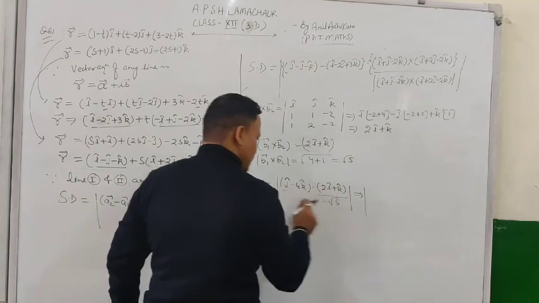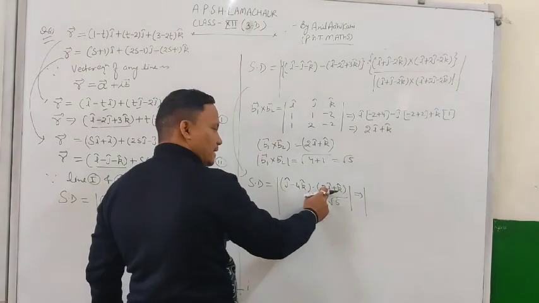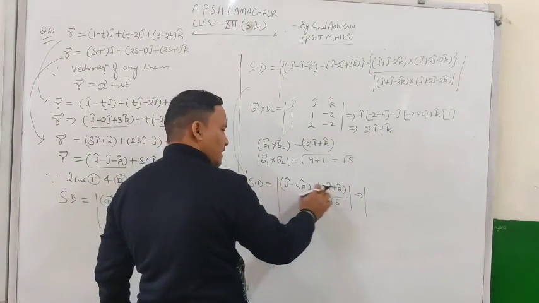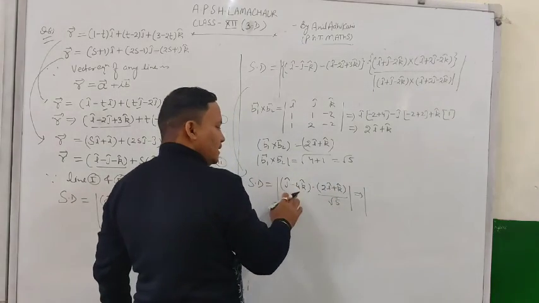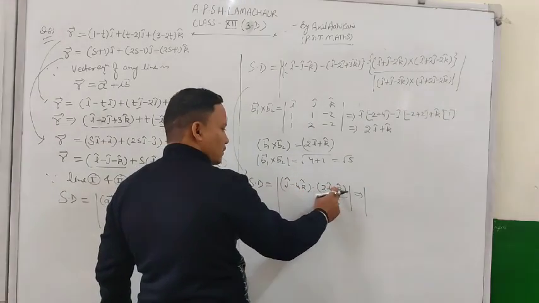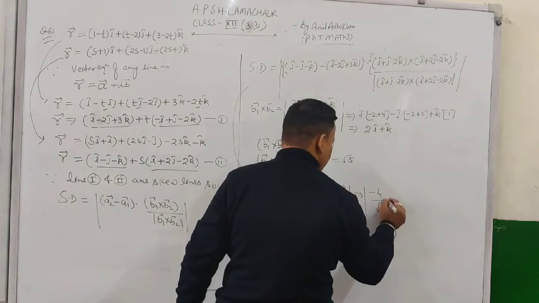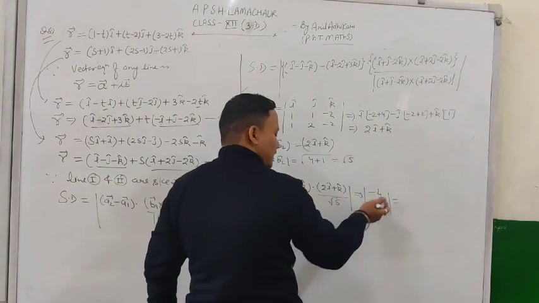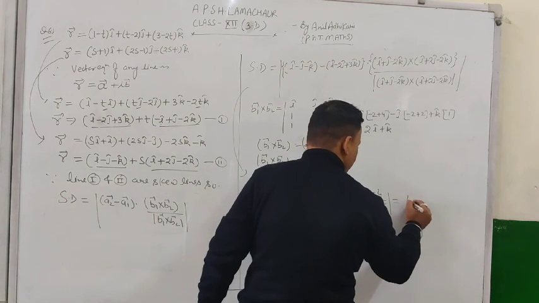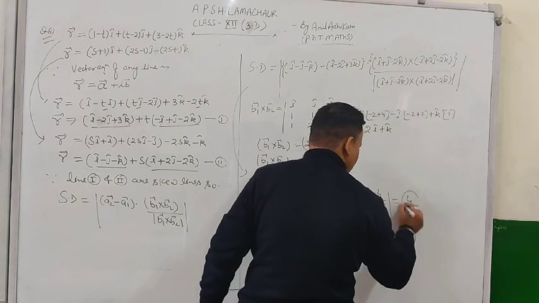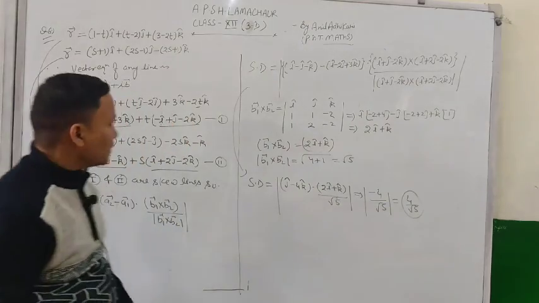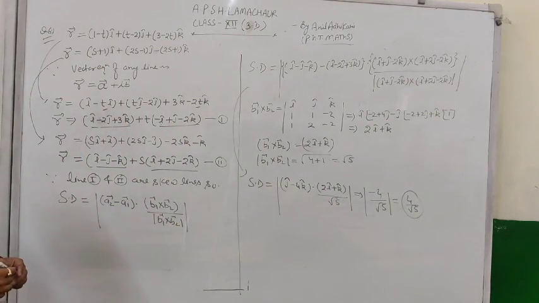So यहाँ पे coefficient j का है ही नहीं, so j dot i will be 0, j dot k will be 0. Similarly k dot i is 0, k dot k is 1, so this will be minus 4 upon root 5, and taking modulus, this will be plus 4 upon root 5. So this is the required distance between these two given skew lines.